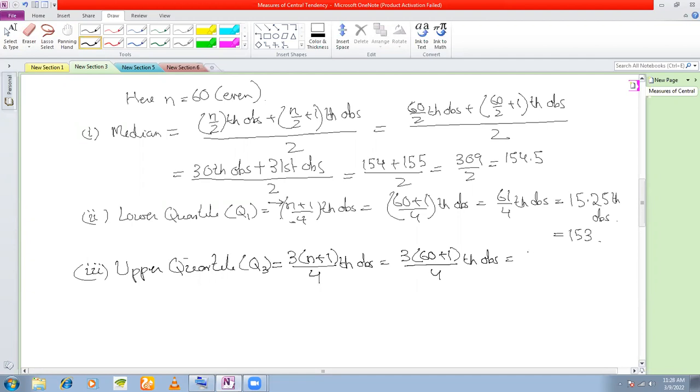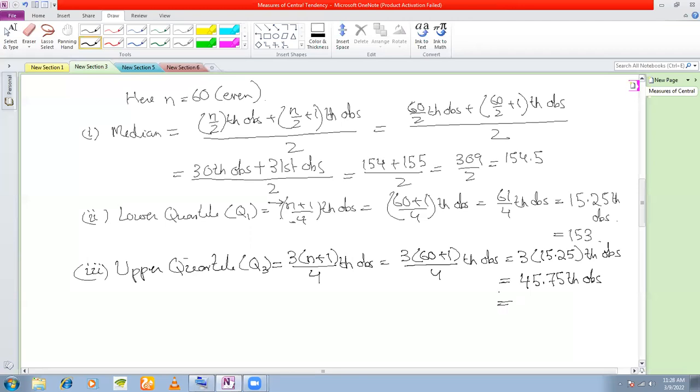So 60 plus 1 by 4 we have found above, which is 15.25. So 3 into 15.25th observation, right? Which I think should come to the 45.75th observation.